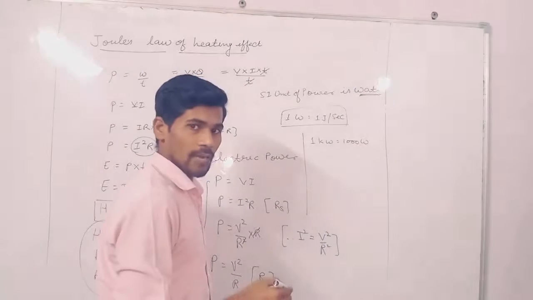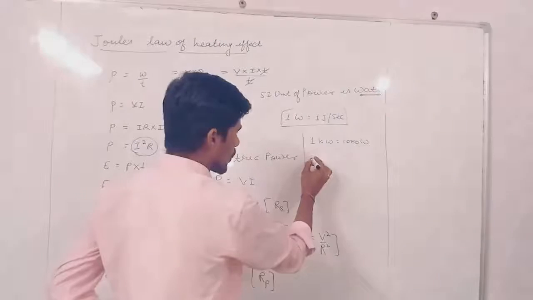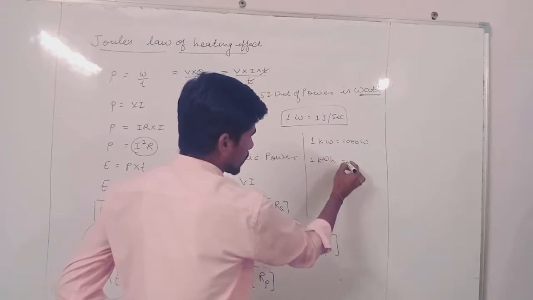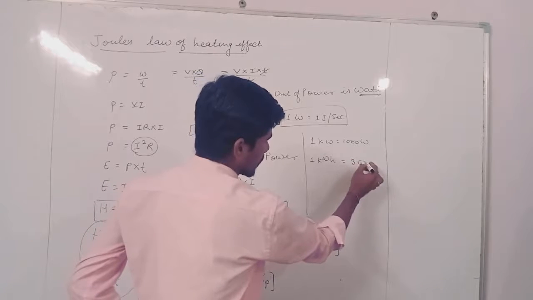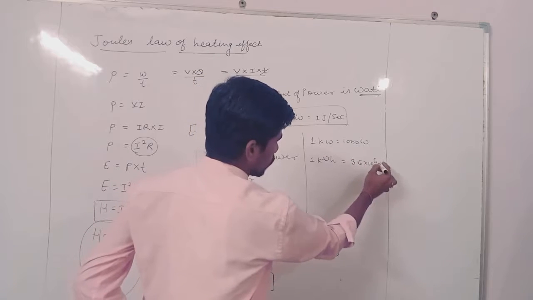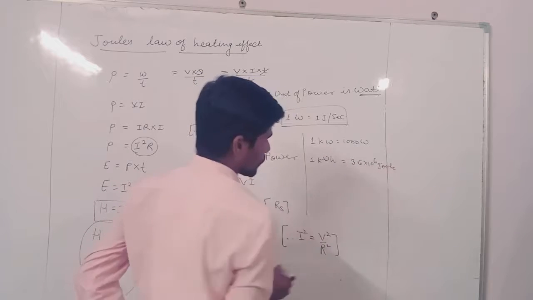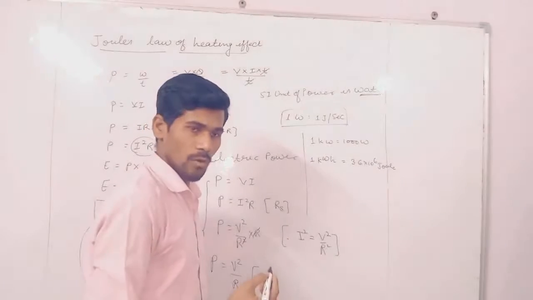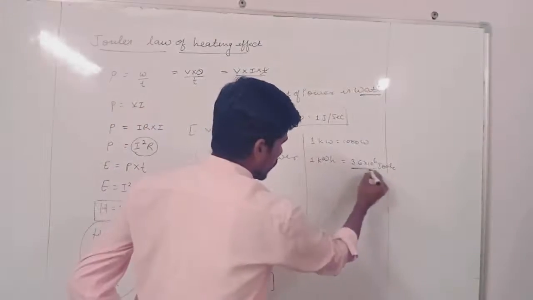The unit of electric energy is kilowatt hour. So 1 kilowatt hour is equal to 3.6 into 10 to the power 6 joule. If we convert kilowatt hour into joule, then 1 kilowatt hour is equal to 3.6 into 10 to the power 6 joule.